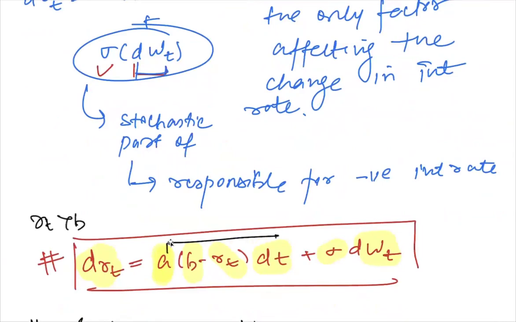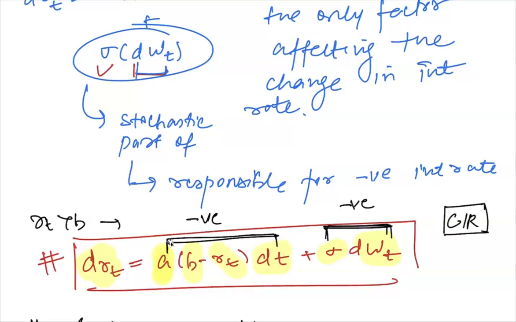I agree. Both the components actually account for negative interest rate. I'm not denying that, because if Rt is greater than B, we'll see this component as negative. But when we see the CIR model, which is the extension, or you can say the improvement of the Vasicek model.